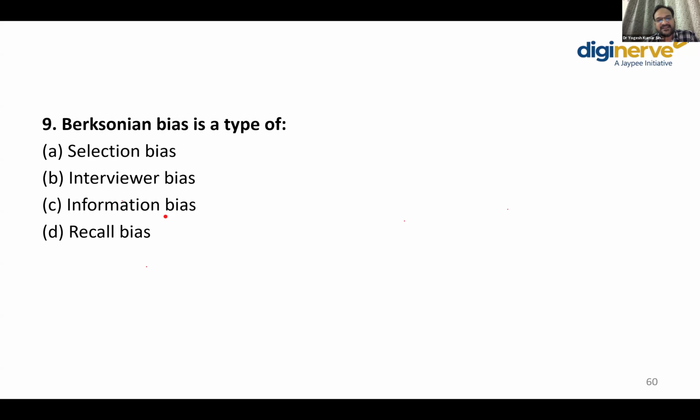After enrolling in the study, interviewer bias, information bias and recall bias will come. But to enroll in the study, we should have the patient, and today not even a single case came to the hospital. So it is called Berksonian bias. Answer will be A.